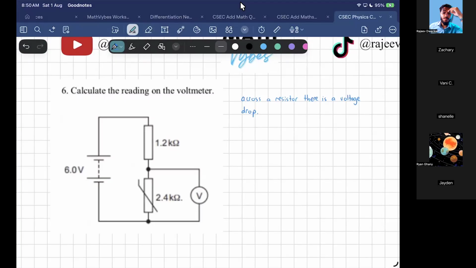What happens is that electrons give up electrical potential energy by colliding with atoms inside the resistor. That's what slows it down. Think about it like this, guys. If you were driving on a highway and there was a big accident, cars would collide with each other, and the flow of traffic would reduce.